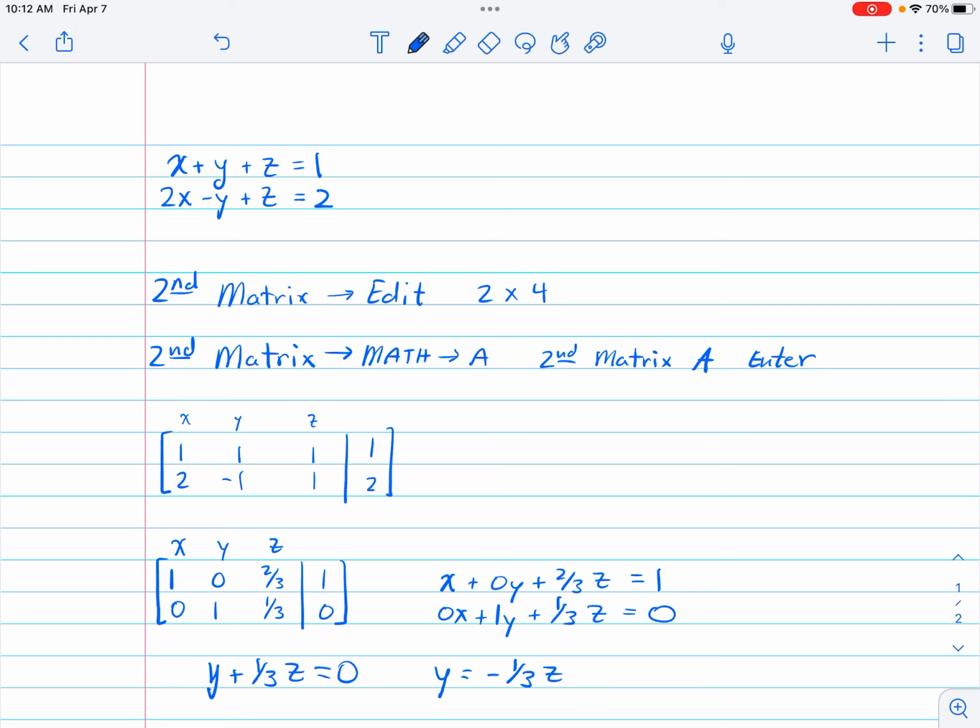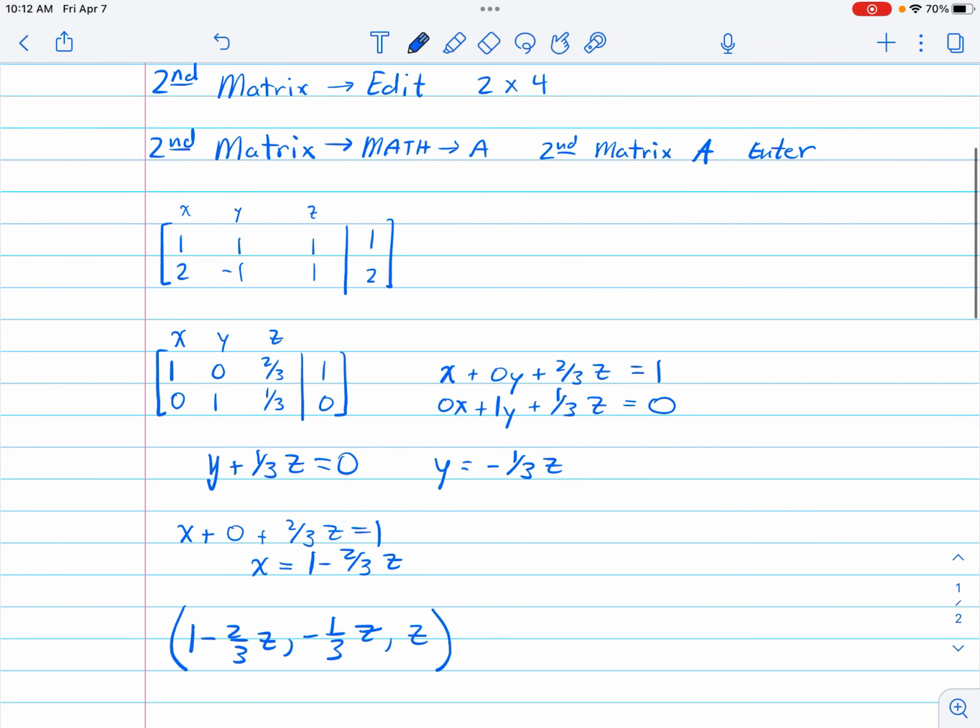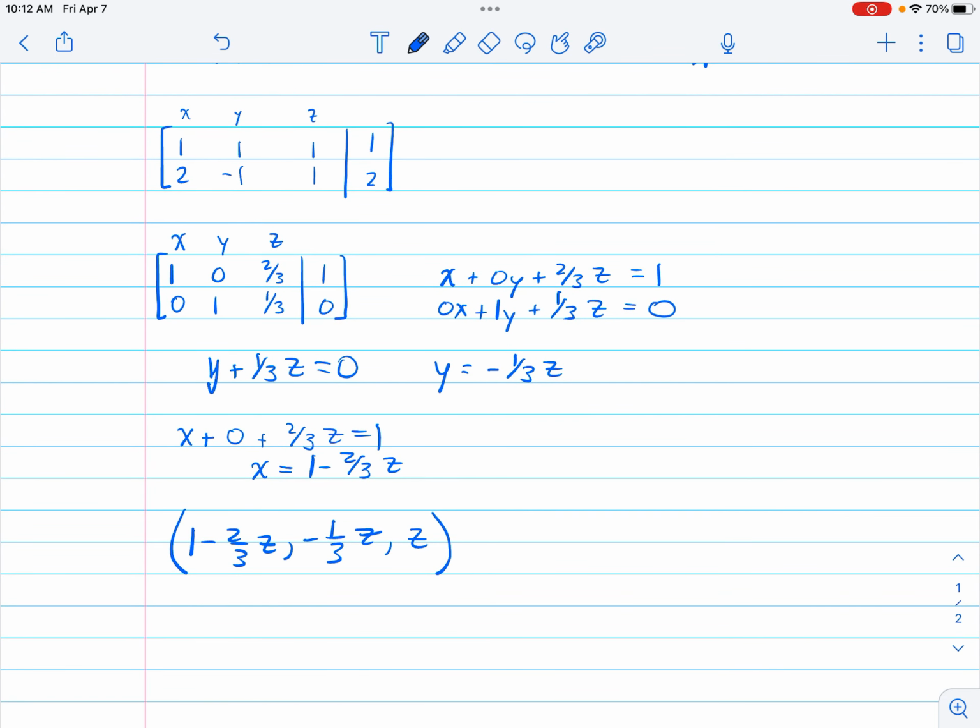Okay, this is plane 1 and this is plane 2. These planes intersect not at a point, but at a line. And on this line, there are infinitely many points. You give me a value for z, and I'll tell you the y, and I'll tell you the x.